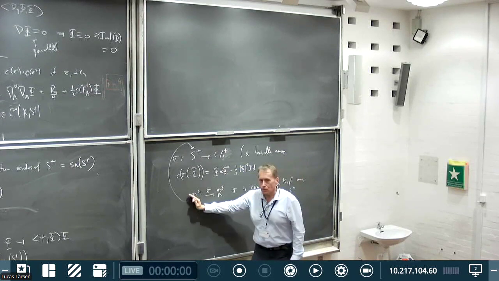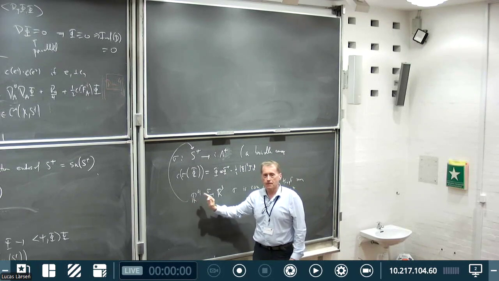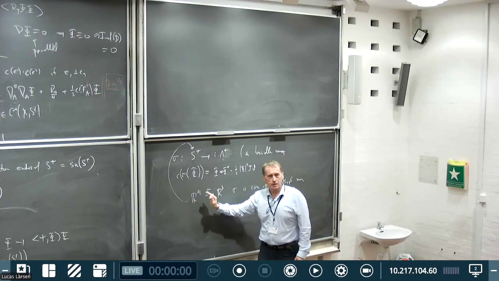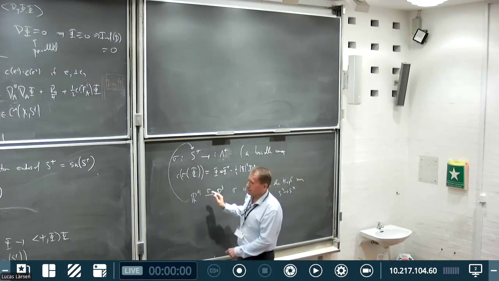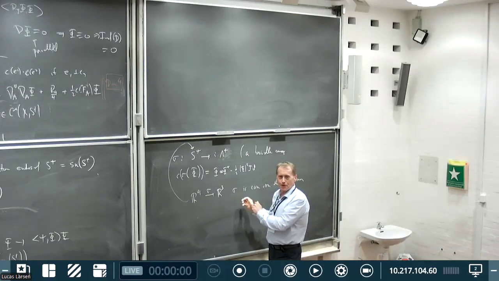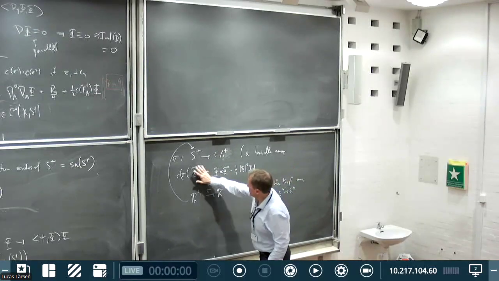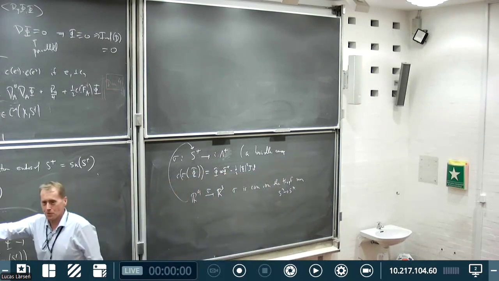So I'm saying fiber-wise, what it looks like is the cone on the Hopf map. Okay, does that make sense? For later purposes, it's important to understand this formula because it'll play well with a bunch of other formulas.